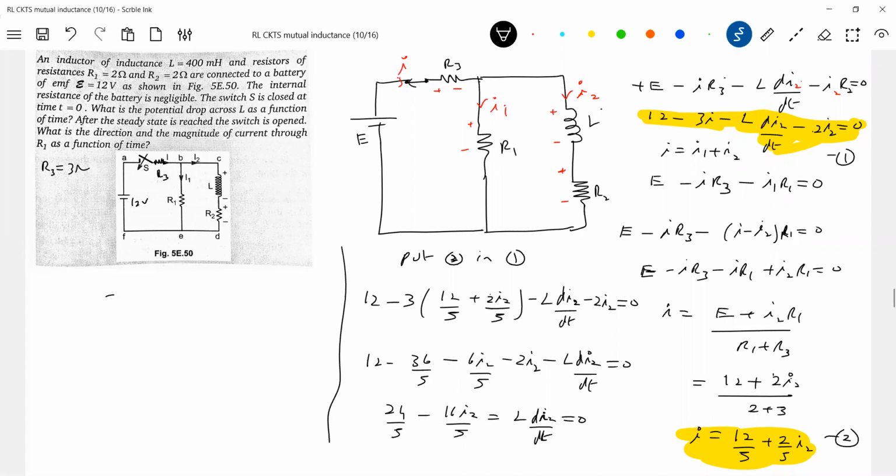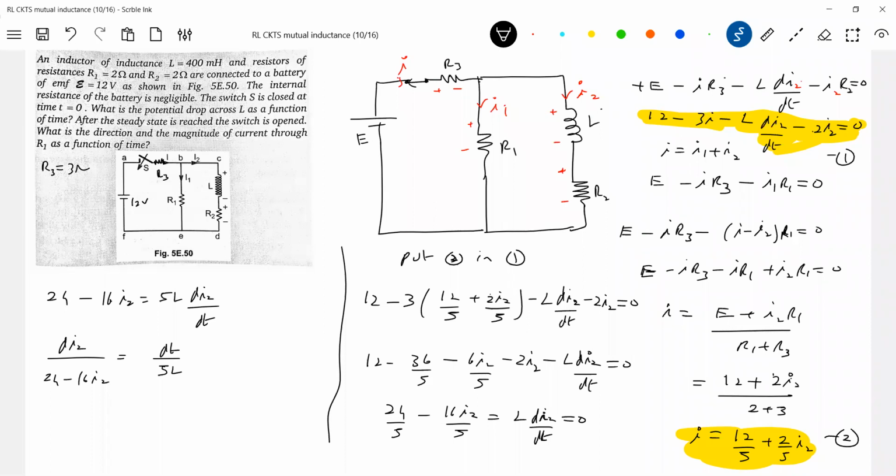So 24 minus 16 I2 equals 5L di2 by dt. The L value I will substitute later on, because 400 milli, this will become 0.4.